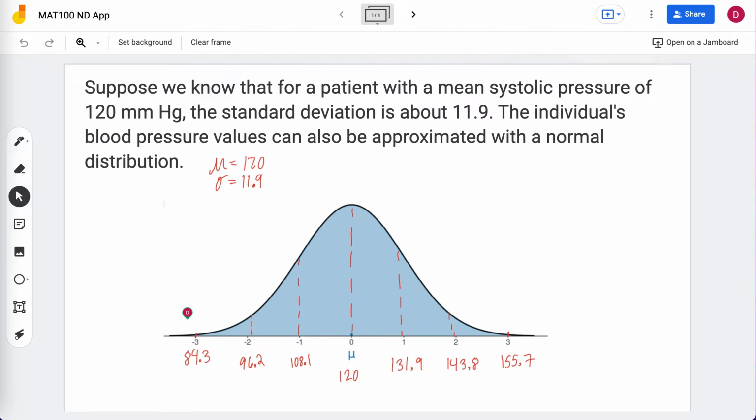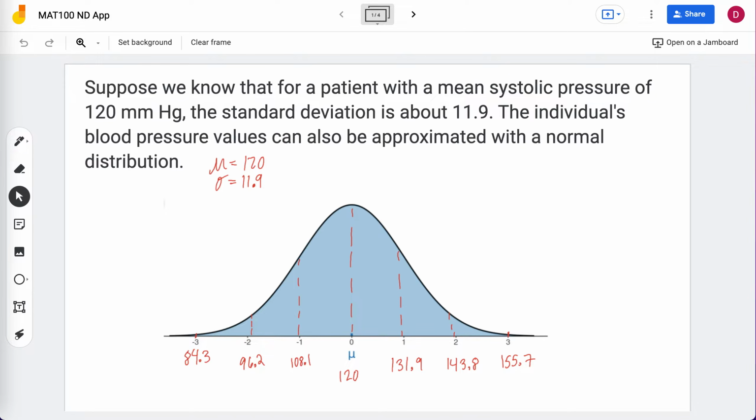And you can see, similar to what we've already seen in this module, that the further away you get, the more unlikely a particular outcome is. Most values in a normal distribution on this bell curve lie within one standard deviation, or within two. We did the 68, 95, 99.7 rule.